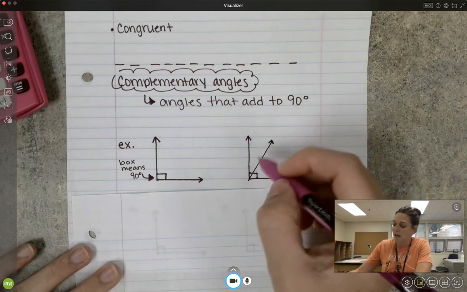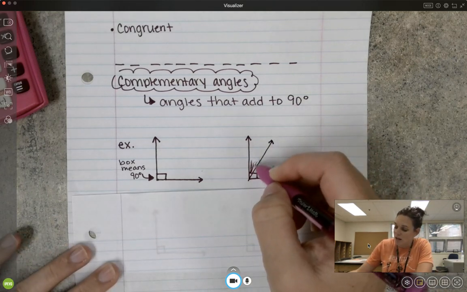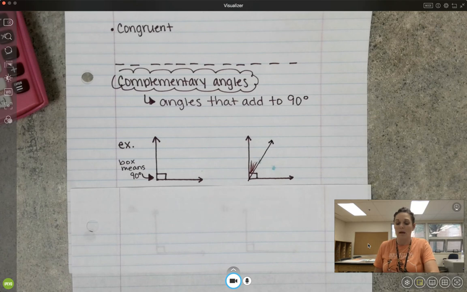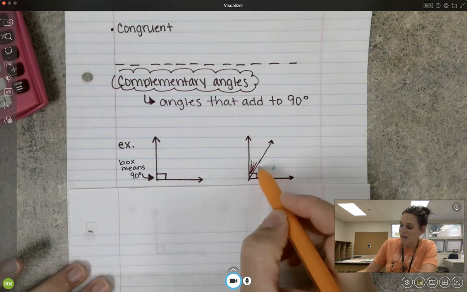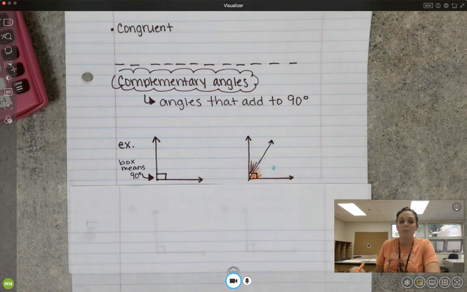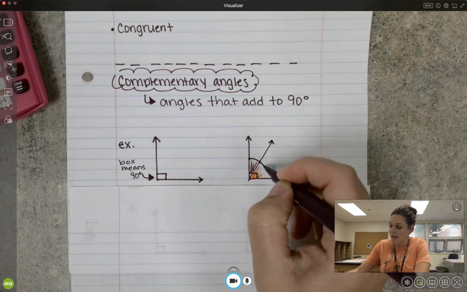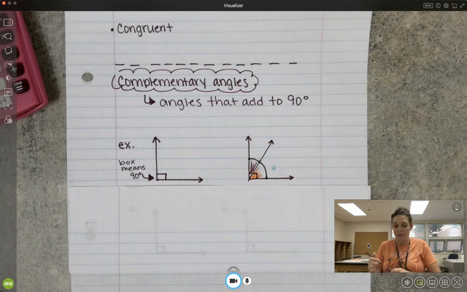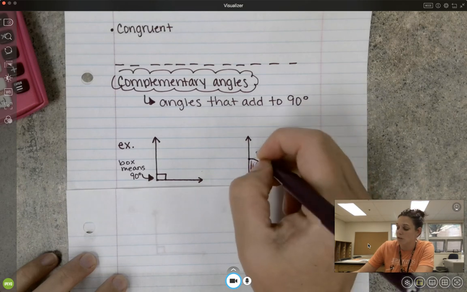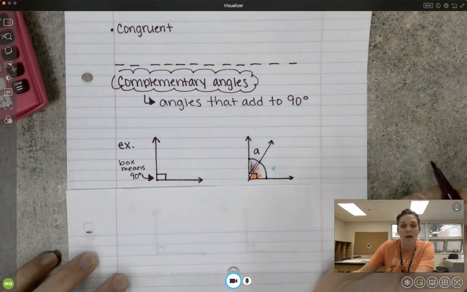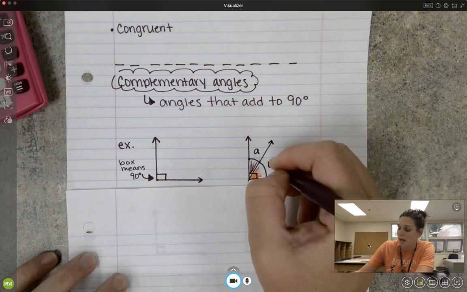This is saying that this first angle here and this second angle here, when I put them together, are going to make a 90-degree angle together. So with this, it's taking the idea of adding 2 angles together. With this lesson, we're going to focus on writing the equation.